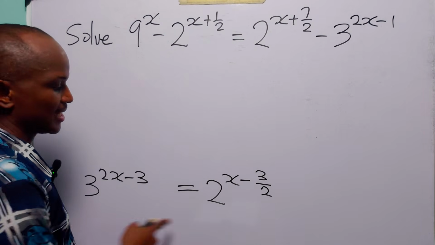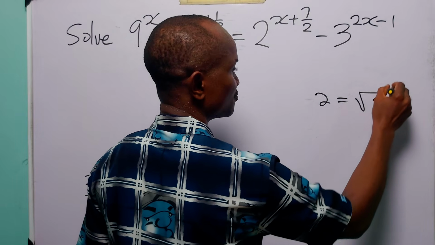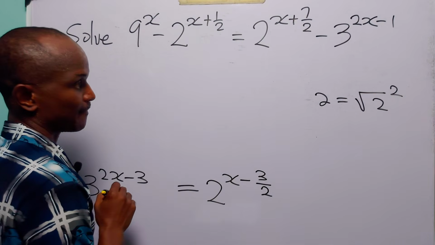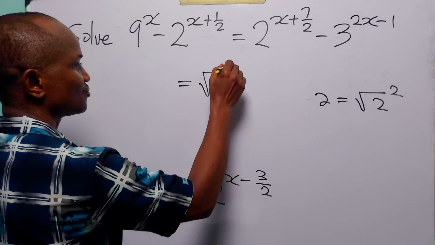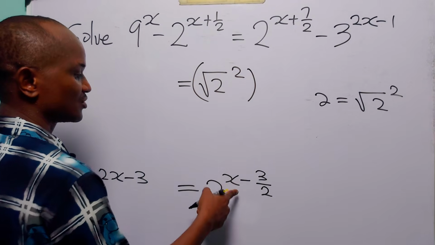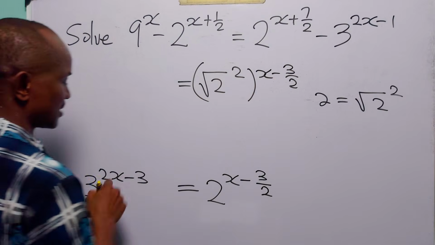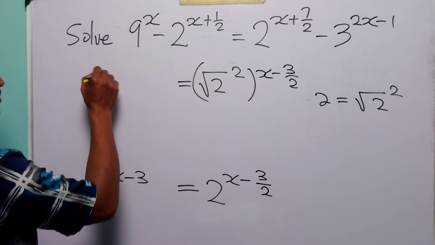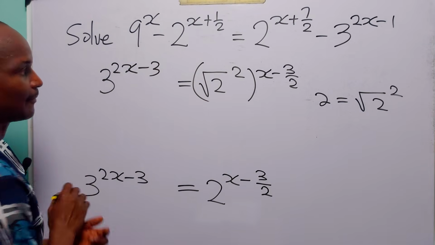Now, at this point, let us remember that 2 is equal to root 2 squared. So we can write this as root 2 squared to the power x minus 3 over 2. And of course, on the left hand side, we still have 3 to the power 2x minus 3.